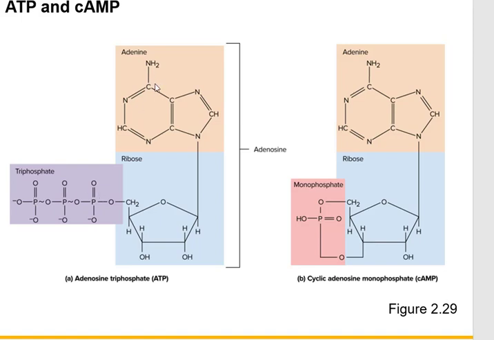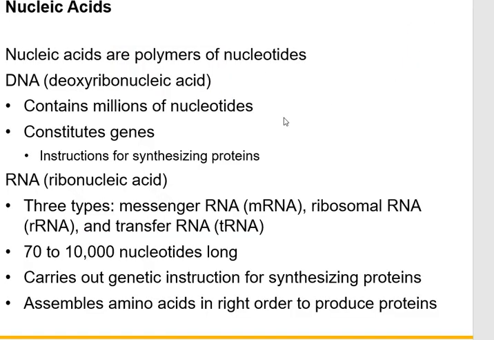Now this particular molecule is ATP, adenosine triphosphate. It has 3 phosphates. So we're going to find out how that's an energy molecule and how we need it in order for everything to function in our body.